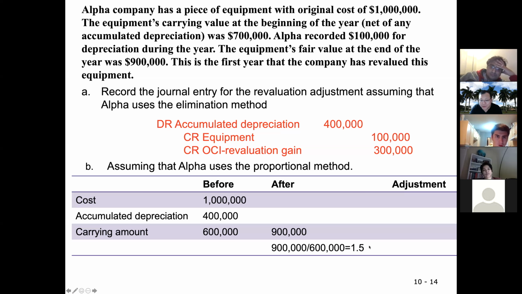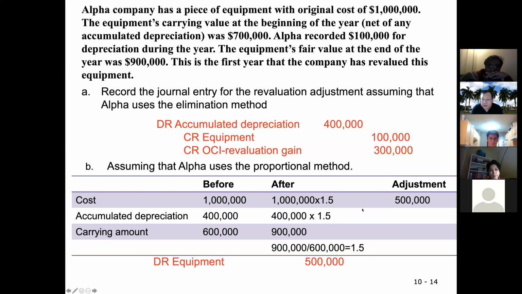So if I apply this to the cost, my cost should be 1 million times 1.5. For my cumulative depreciation, it's also 1.5, proportional, right? So my adjustment here is, this 1 million to 1.5 million, I need to debit 500,000. So I debit equipment for 500,000.